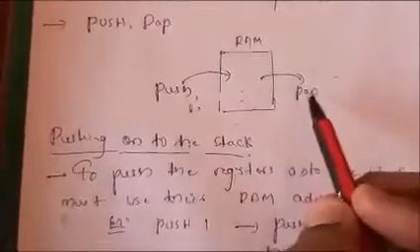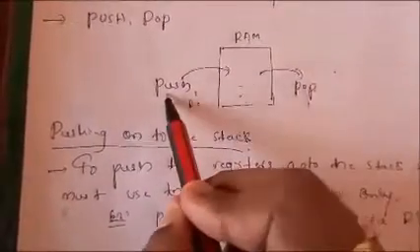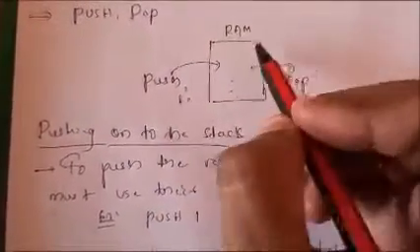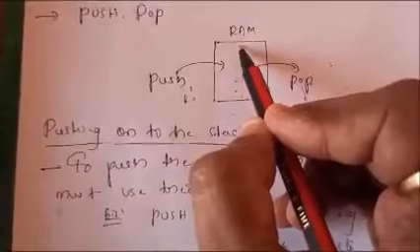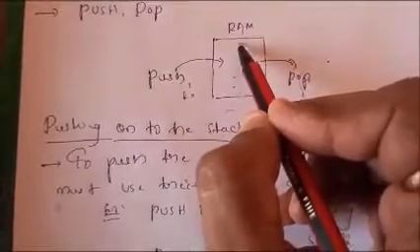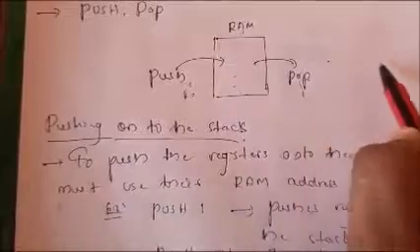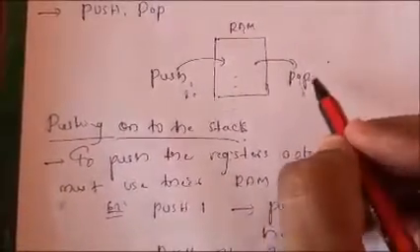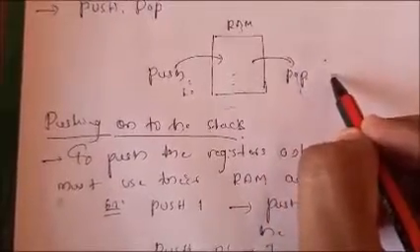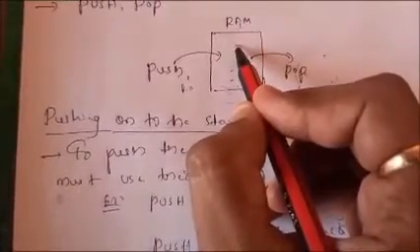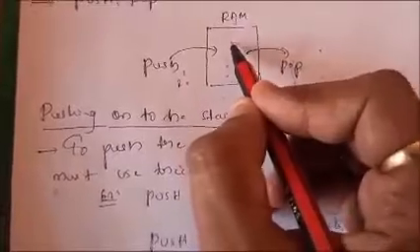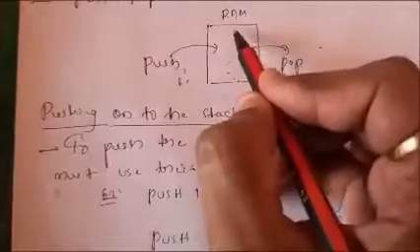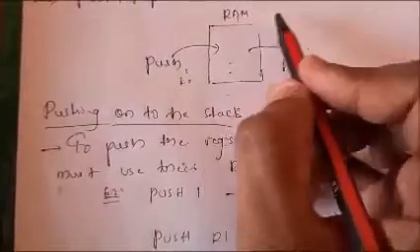Similarly, pop is the exact reverse of the push operation. What does that mean? Whatever the top content is, first it will be retrieved and removed from the stack, and stored in some other CPU register. If I perform one more pop operation, it will take the second memory location's content and remove it as well. So when you perform the pop operation, it removes the content from the stack to some other CPU register.